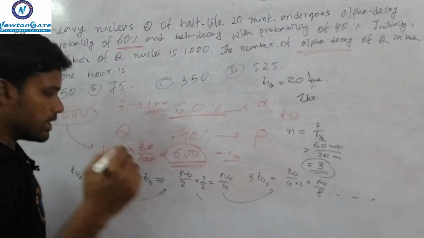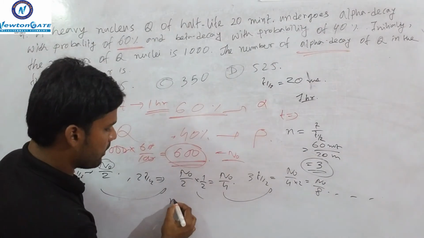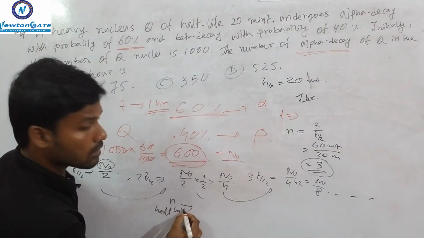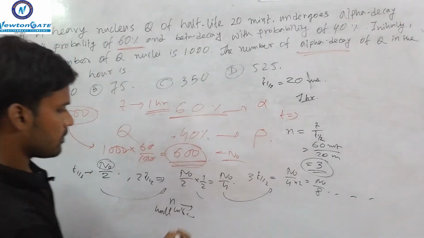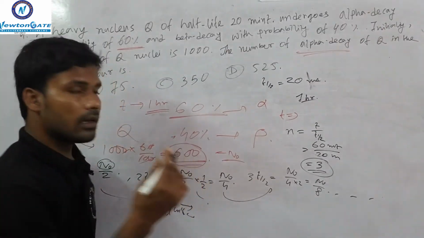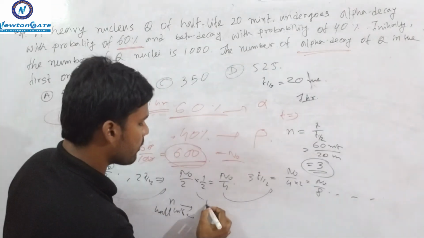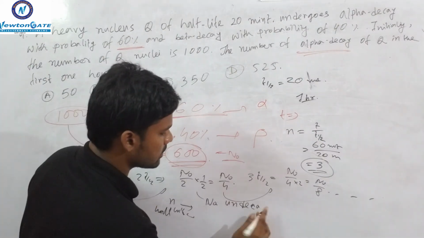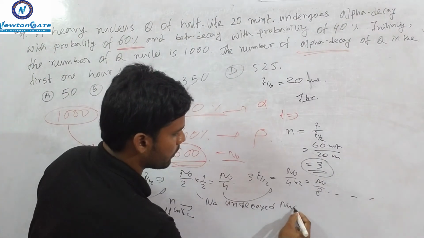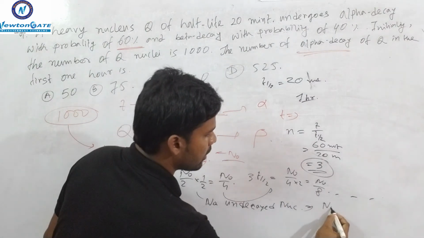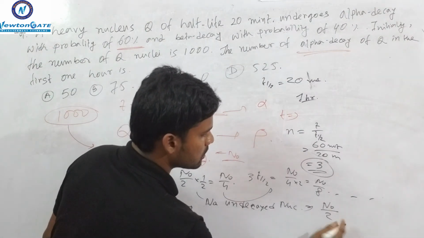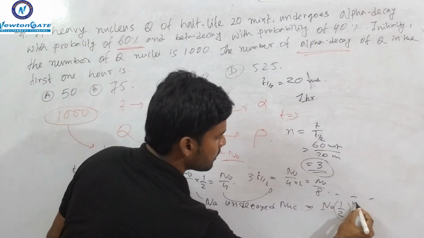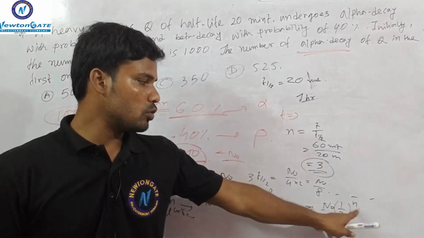So we can get a general formula for n half lives. The number of undecayed nuclei should be N0 into 1 by 2 to the power n, where n may be 1, 2, 3, 4.